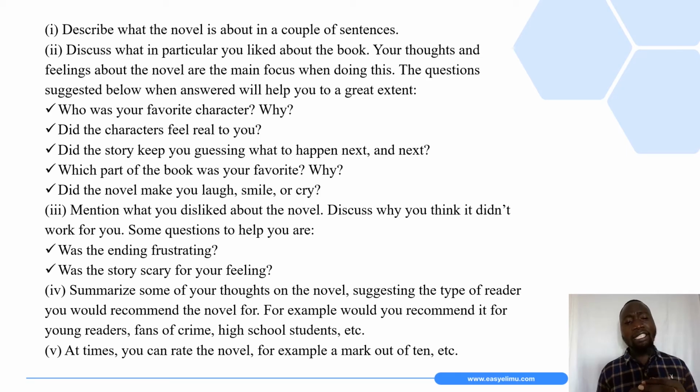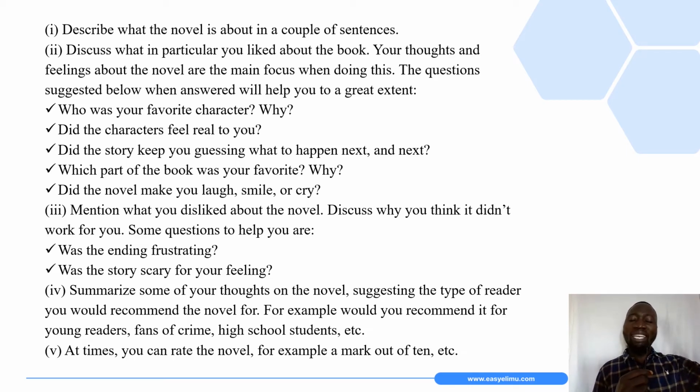Then in step number 4, summarize some of your thoughts on the novel, suggesting the type of reader you would recommend the novel for. So, for example, would you recommend it for young readers? Would you recommend it for fans of crime? Would you recommend it for high school students? Would you recommend it for adolescents?